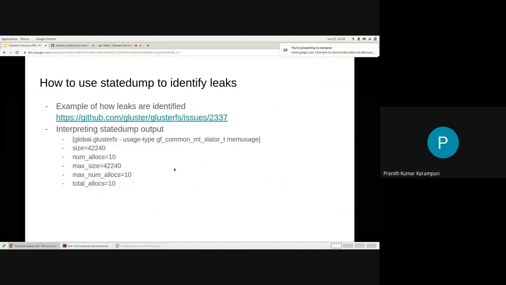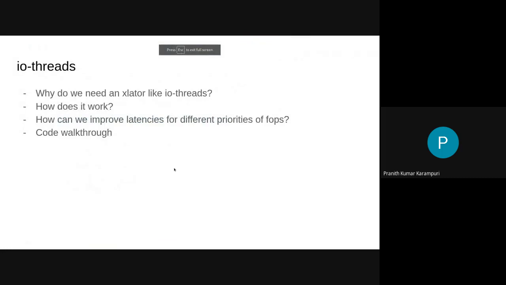Okay. All right, then I'll move to IO threads. So why did we start with IO threads? Initially, the brick process is going to come up with a port that it is going to expose, which gets communicated by GlusterD to the brick.